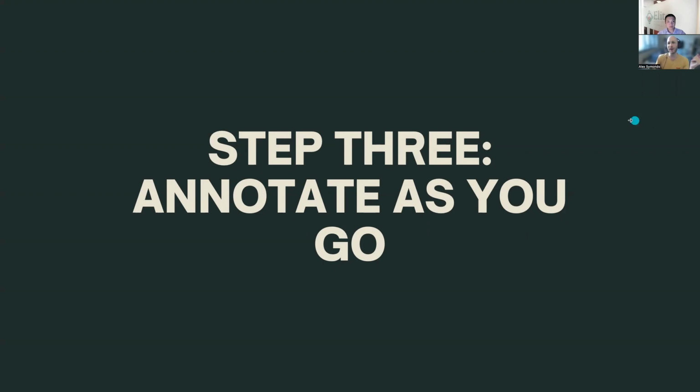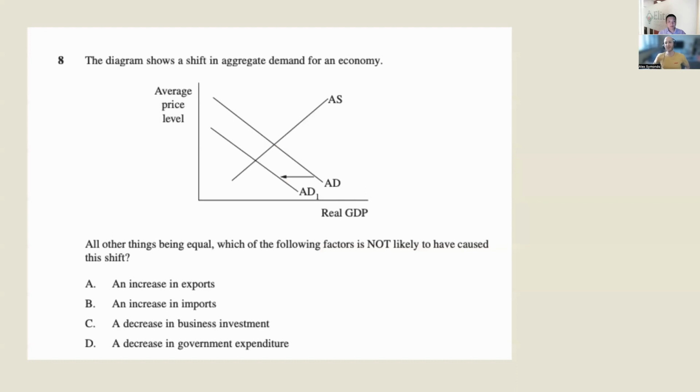So if I think about what I mean by annotate as you go, let's say that I've got this question here, also from last year's New South Wales HSC exam, but this is content that would be covered anywhere across the country in economics. It says here, the diagram shows a shift in AD for an economy.